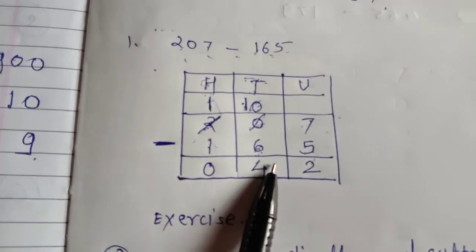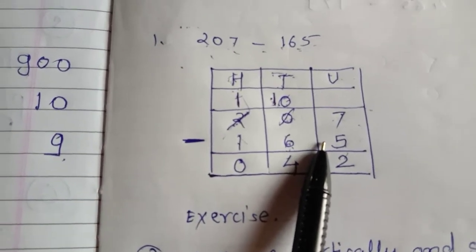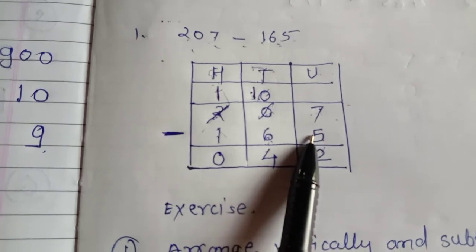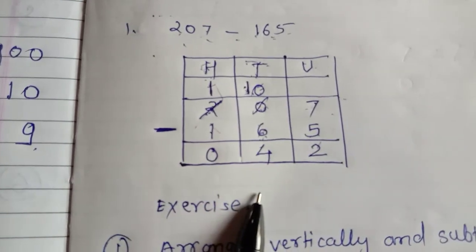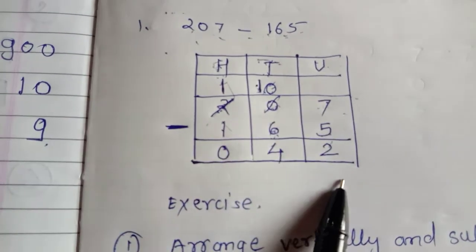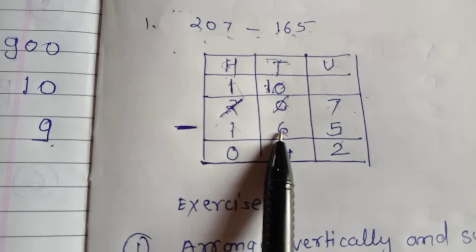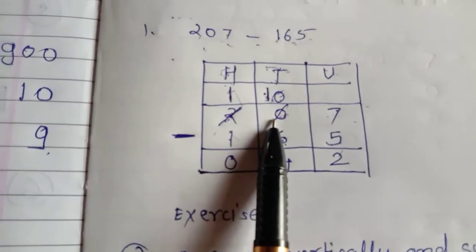Understand? Once again, I will explain this once again. Look here. Let us subtract 5 units from the 7 units. So how many remains? 2 remains. Now we cannot subtract 6 tens from the 0 tens.